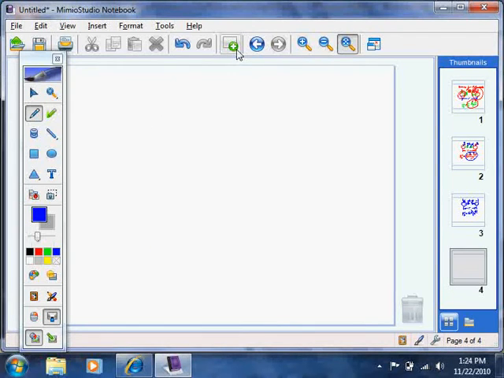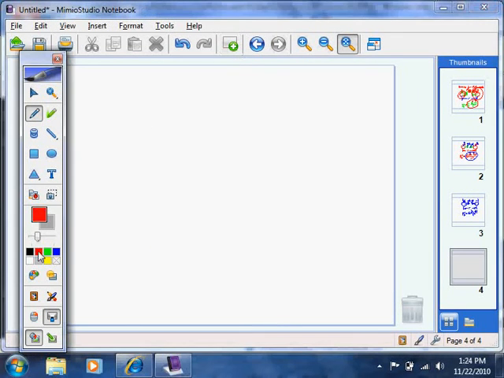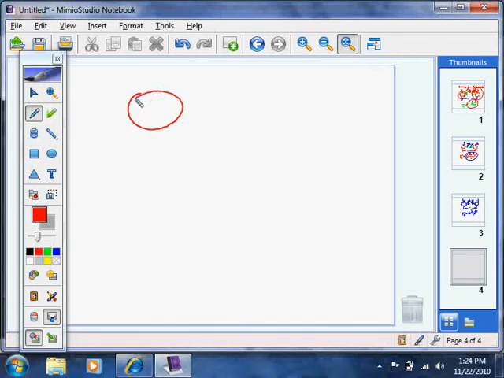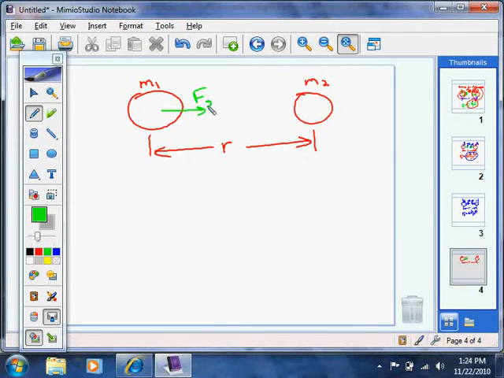Now we got to look at the relationship between the distance and the force. Say we have m1, m2, a certain distance r. Force of attraction, F sub g.